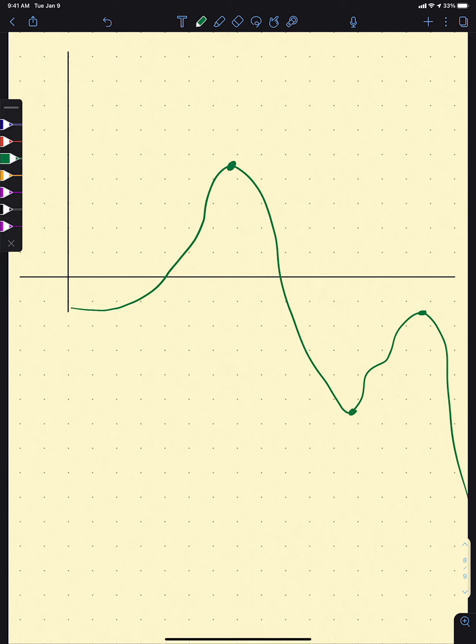They're called relative extrema. Relative meaning in a local area, and we'll firm all of this up in a second. And then extrema meaning there are sets of extreme points: one extremum, multiple extrema.